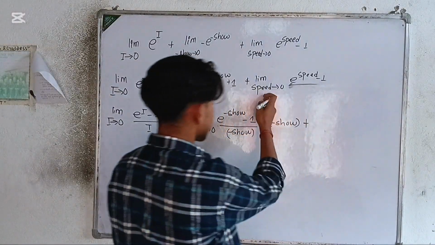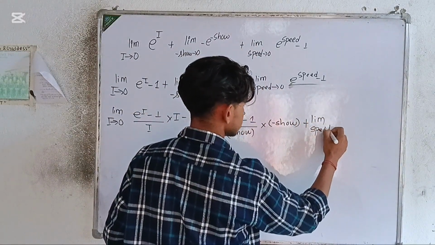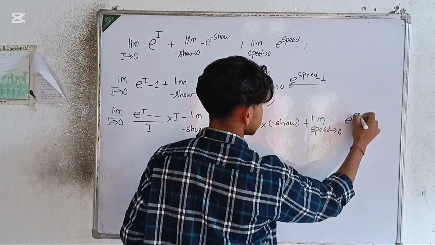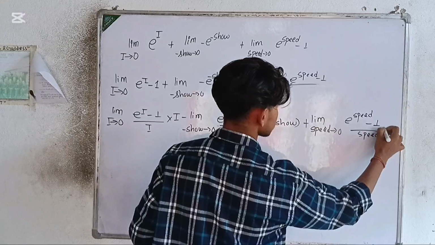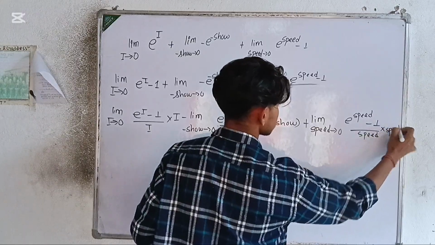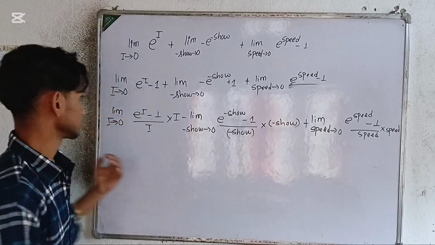And at the end I got limit as speed tends to 0 of e raised to speed minus 1 over speed into speed, right? So this looks very bizarre, but the next step is going to be much easier.